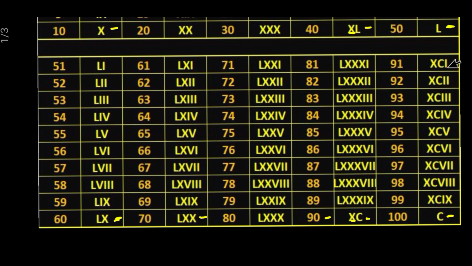And again from 91 to 99 we have written XC for 90 and then 1, 2, 3 up to 9 for 99, and for 100 we have stated here C. Hope you have understood this.